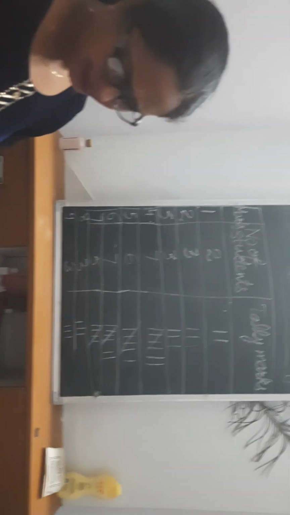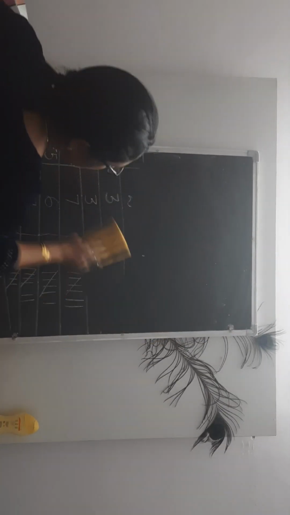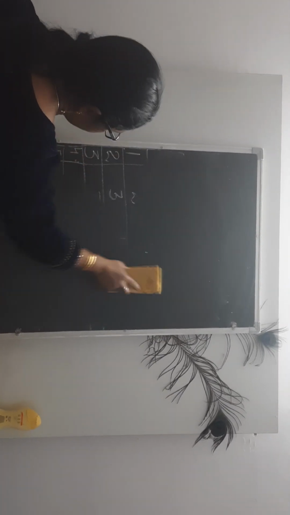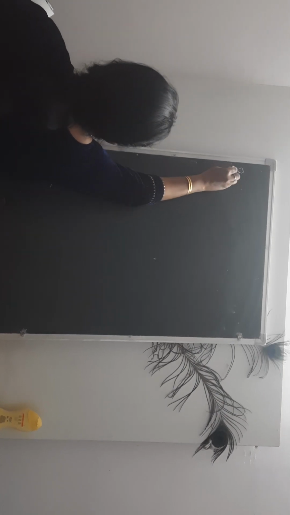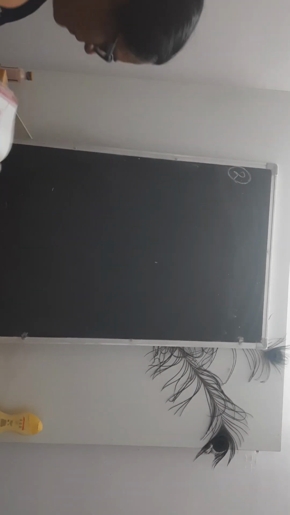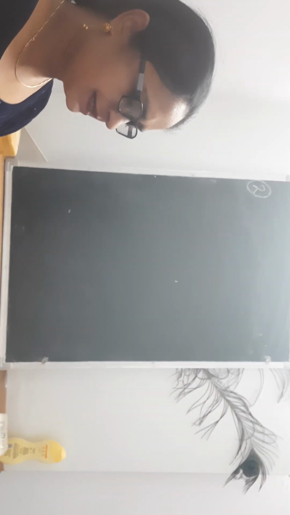We have to depict the information in the form of tally marks. In the same way, I will show you. This is the favorite choice of sweets by 30 students.